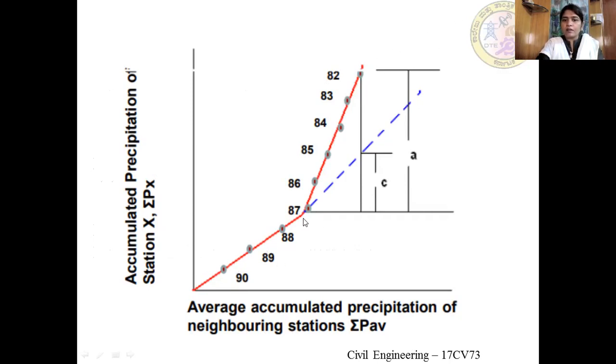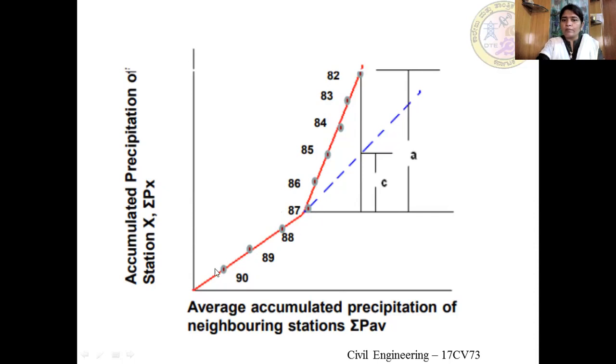Then we start getting the corresponding values of accumulated precipitation in each year. Summation Px against P average is calculated in the tabular column. Then those values are plotted here.